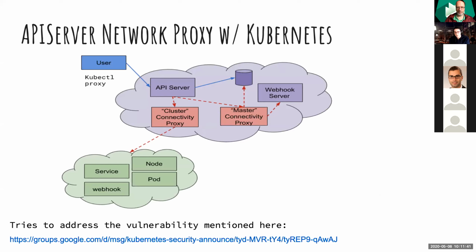If a malicious user sets the pod IP to an external IP that is not controlled by the operator, then they can proxy through the API server to that pod and access that external service, although it shouldn't happen. So this was one of the motivations for creating this component.